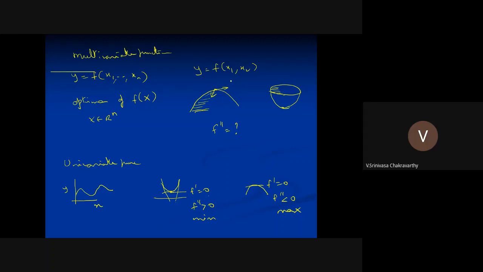Setting the first derivative equal to 0 is somewhat straightforward to understand. But what does it mean to say that the second derivative is positive or negative? If you have lots of second derivatives, what is the equivalent of this inequality? Do we mean that all the second derivatives are positive, or all are negative? So it gets a bit more complicated in the case of a multivariate function.